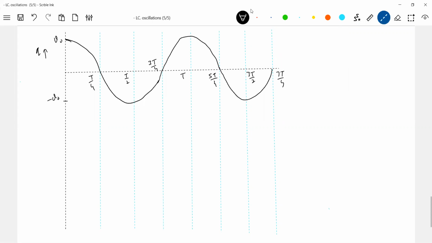Now, next one, what about the current? Look at the expression for current. So we'll write all the equations first. Q equal to Q naught cos omega t. Current is equal to how much? Q naught omega sine omega t.